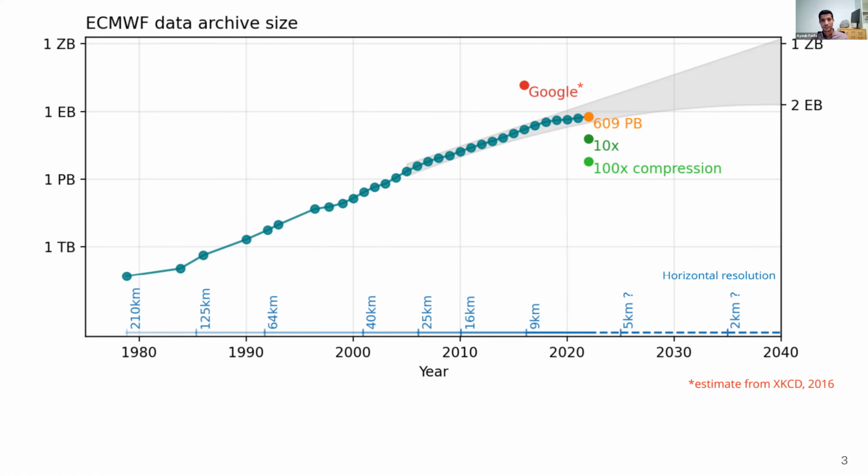The question is, with this exponential growth, where will the data archive stand in just a few years? Will it enter the Google regime? Furthermore, the graph underscores the critical role of compression, as portrayed by the green dots on the graph that represent a 10x and 100x compression.